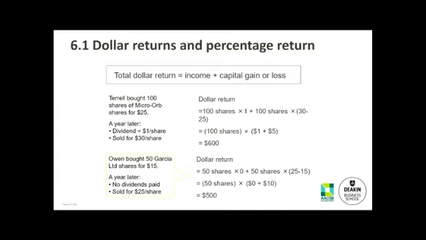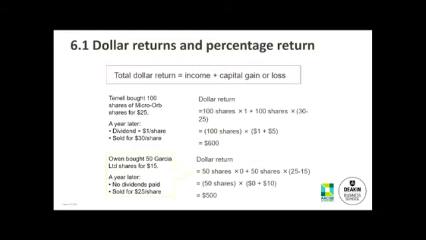So how much is my total dollar return of this investment? $600, am I right? Basically, for each share, your total dollar return will be 1 plus 5, and for 100 shares, your total dollar return will be 100 shares times 6, which will be $600. Any questions up to this stage? Good.